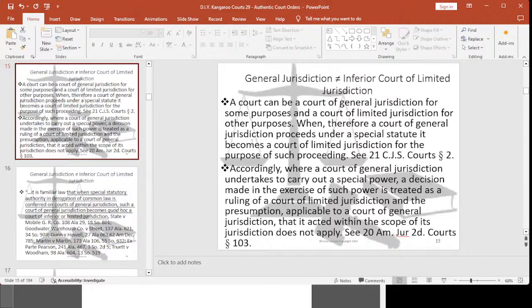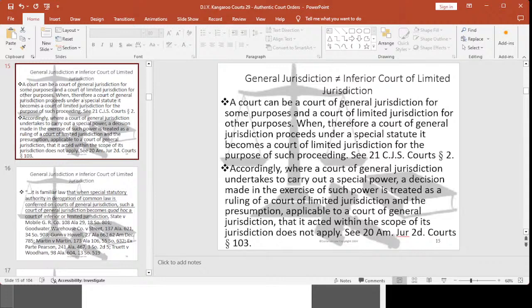When, therefore, a court of general jurisdiction proceeds under a special statute, well, if you think about it, they always proceed under a special statute, it becomes a court of limited jurisdiction for the purpose of such proceeding. So the point being is to always challenge jurisdiction, always.